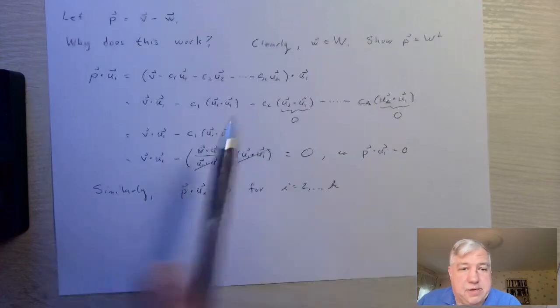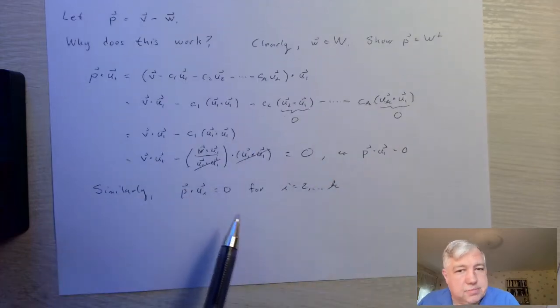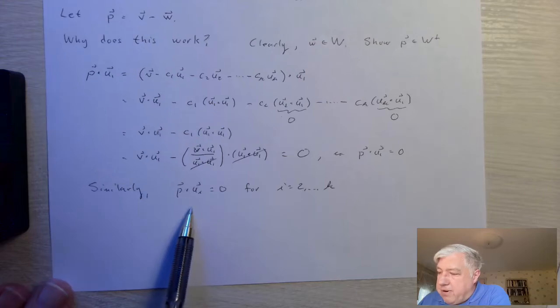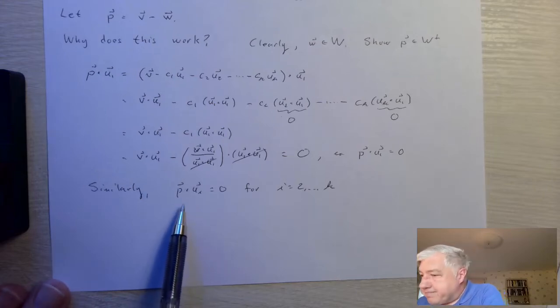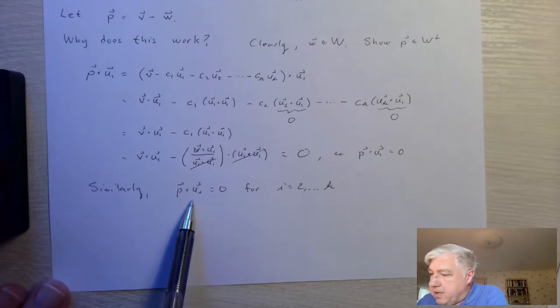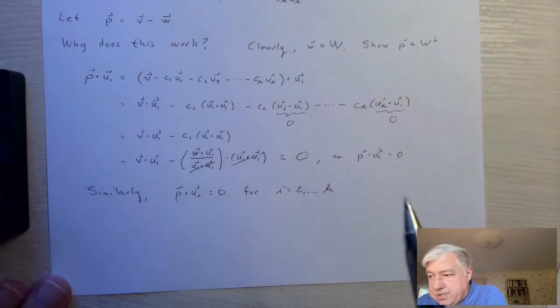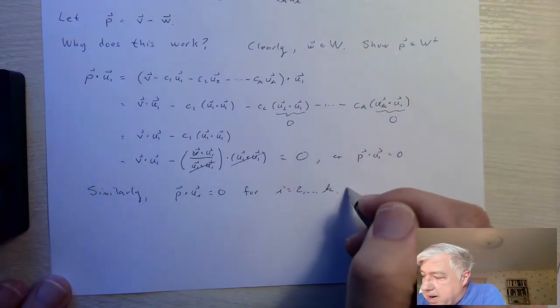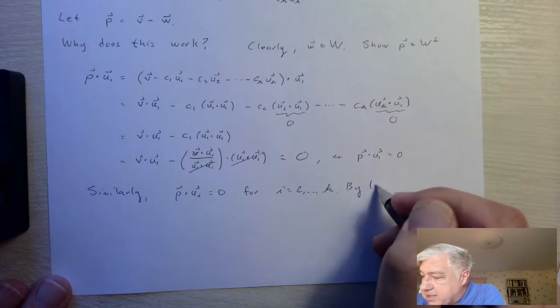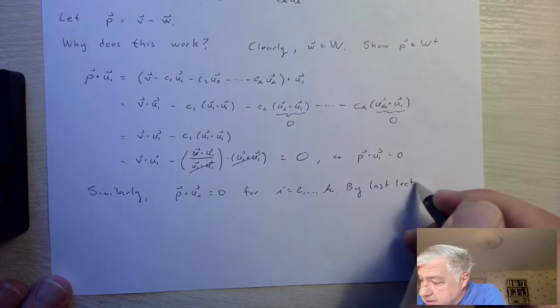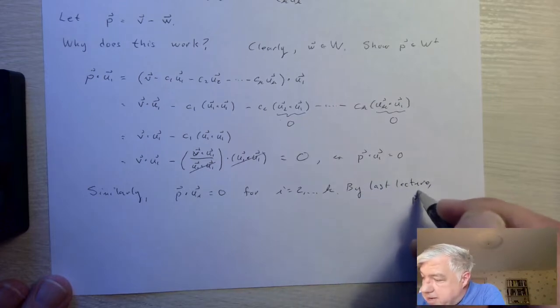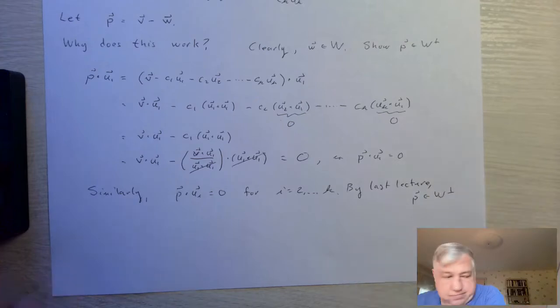Then things cancel out and you'll get 0 again. So P is orthogonal to all the generators of the subspace. Therefore, by the last lecture, we get that P is in W perp.